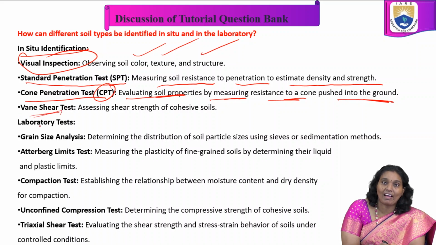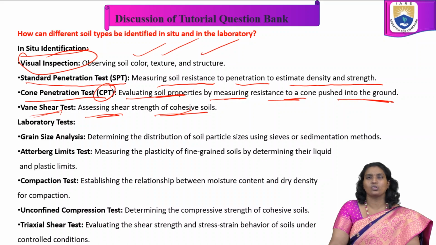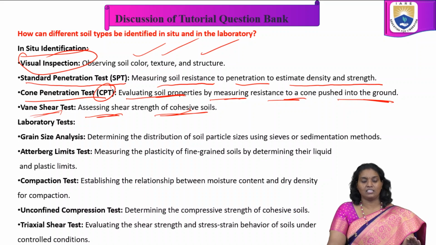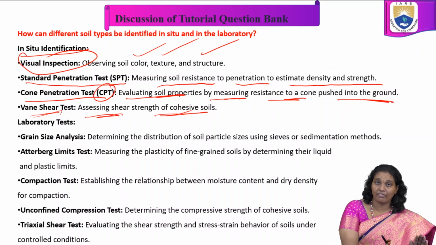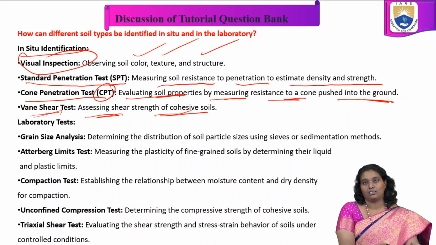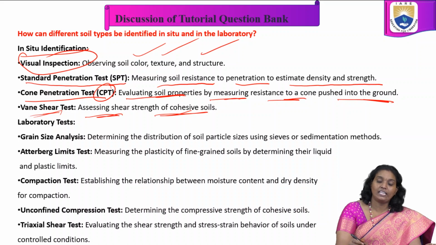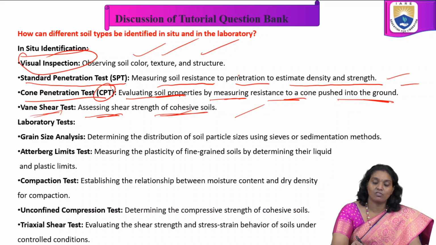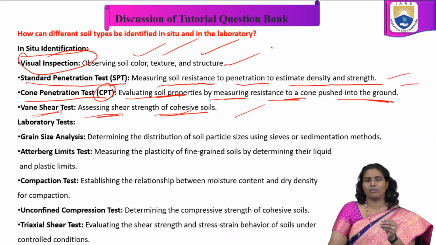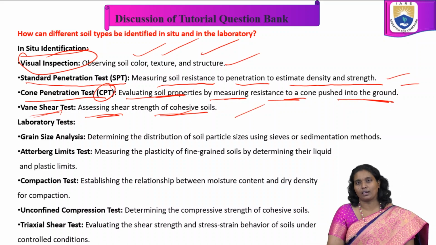And next one is the vane shear test, assessing the shear strength of cohesive soils. So these are the various on-site identification tests we are understanding. If it is more marks, we explain a little about each test, the process, and what we find out, depending upon the marks.